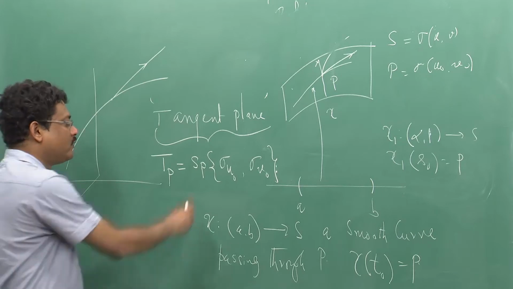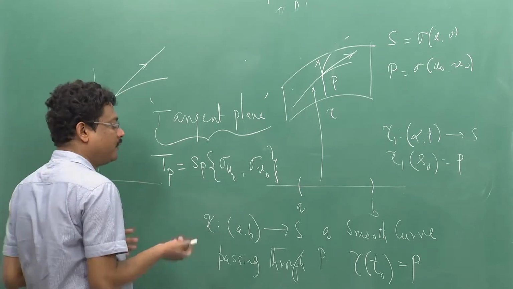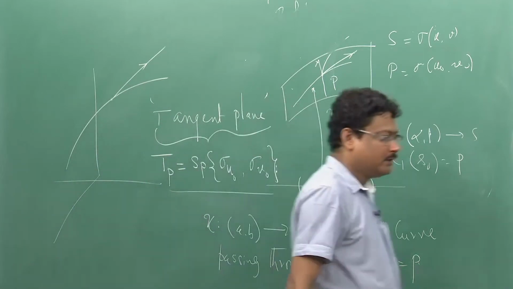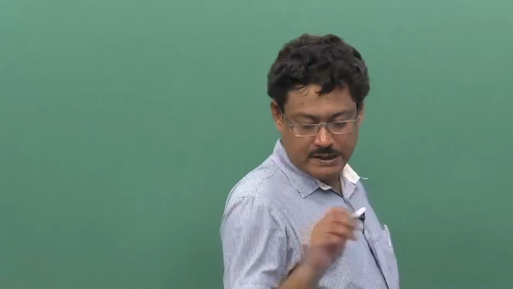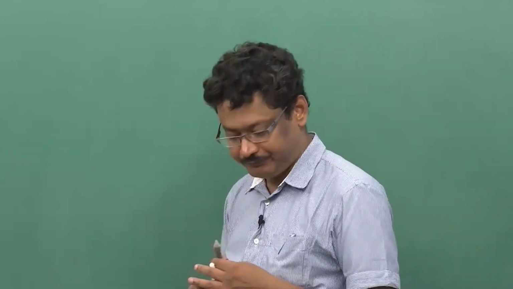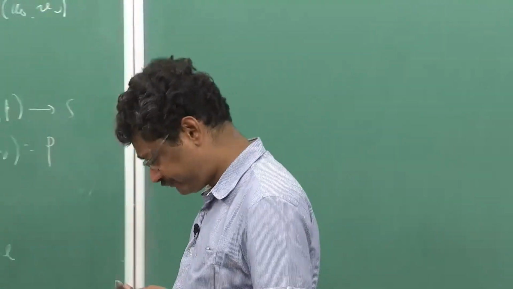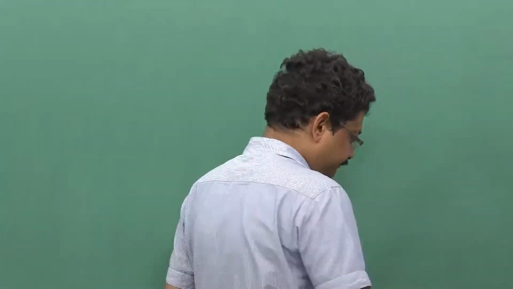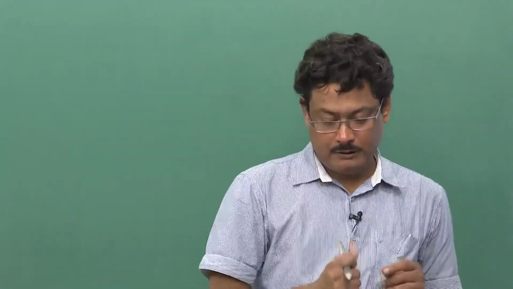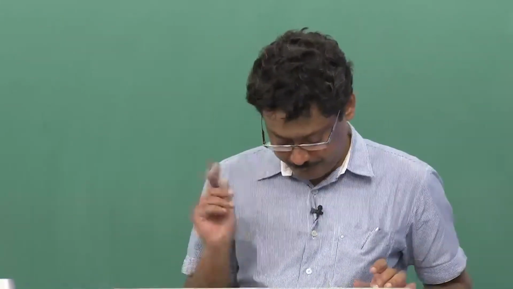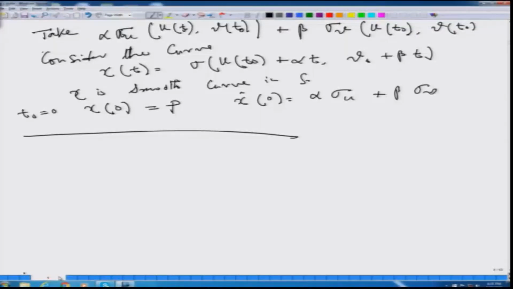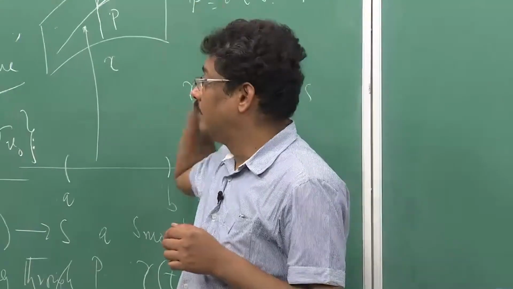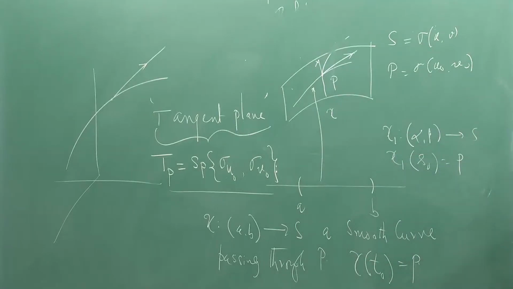It is generated by two vectors, and anything generated by two vectors we usually call a plane, right. So, that is a tangent plane, and that justifies the language plane here. But as I said, everything you define for a surface should be invariant under parameterization.